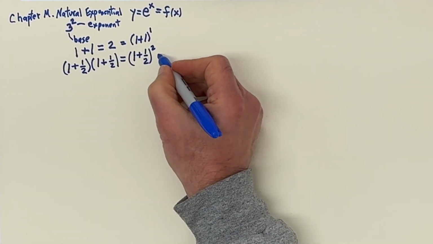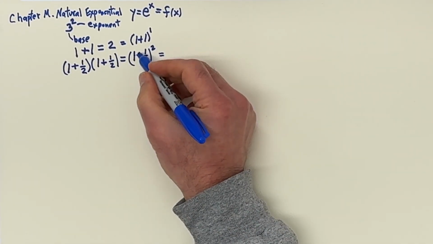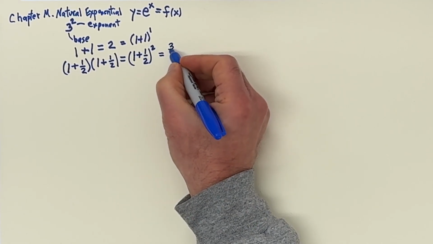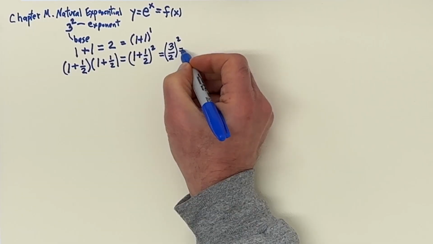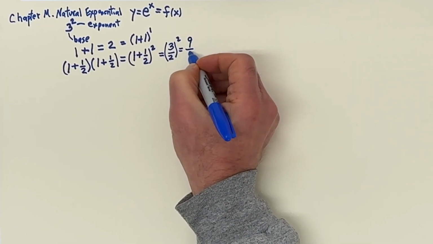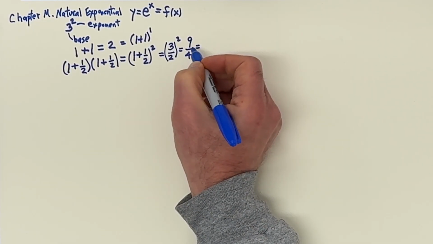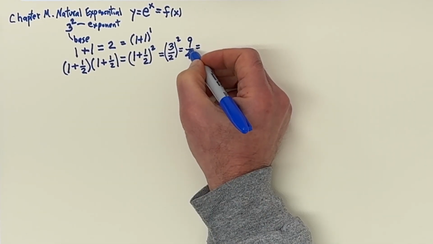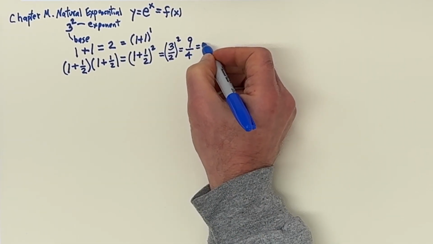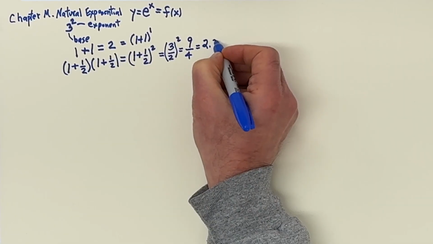So if we look at this, this would be 1.5, so that's 3 halves. And we're going to square that, and that's going to be 9 over 4. And 9 fourths, well, 8 fourths would be $2, and a fourth left over would be 0.25.